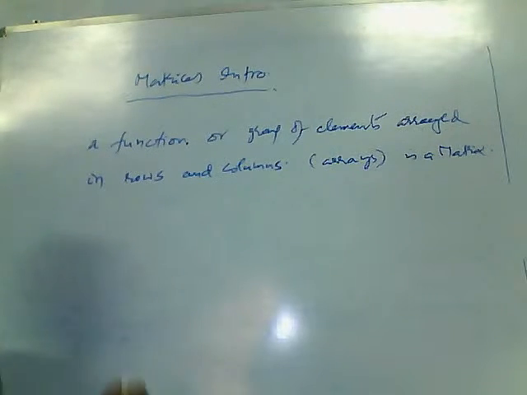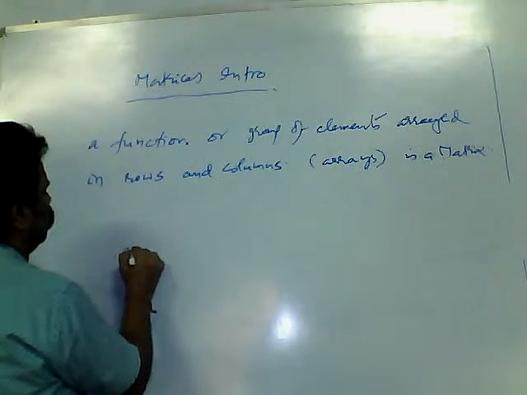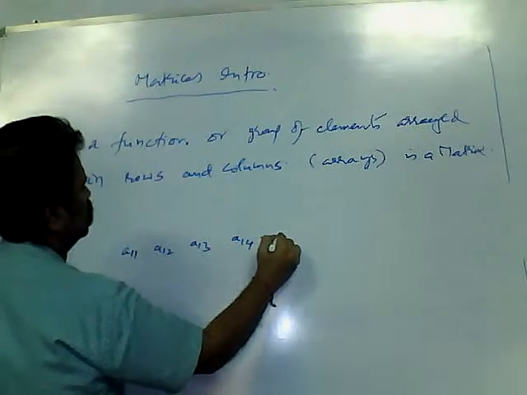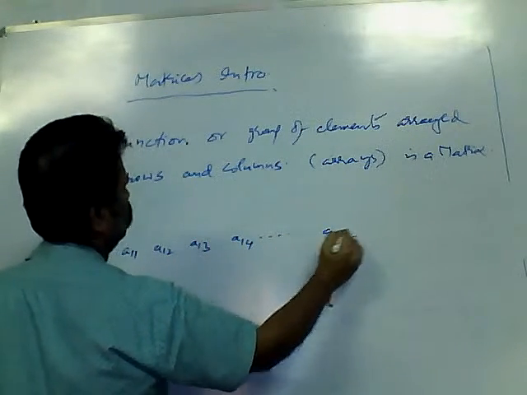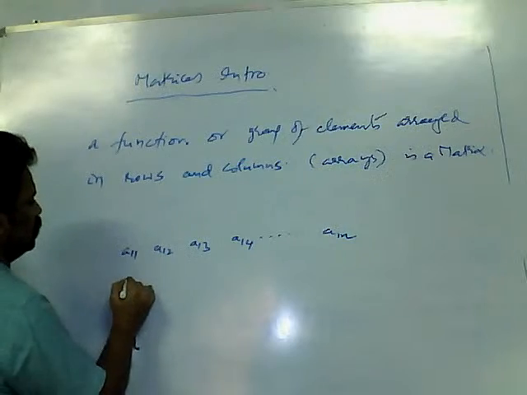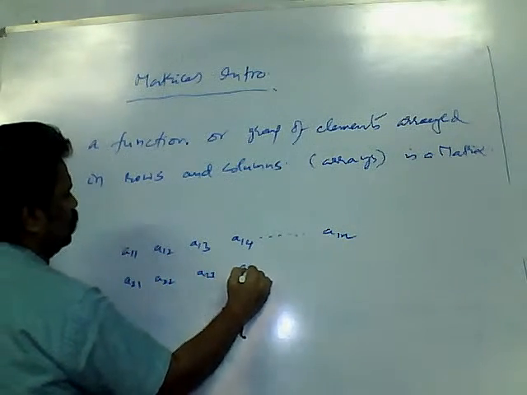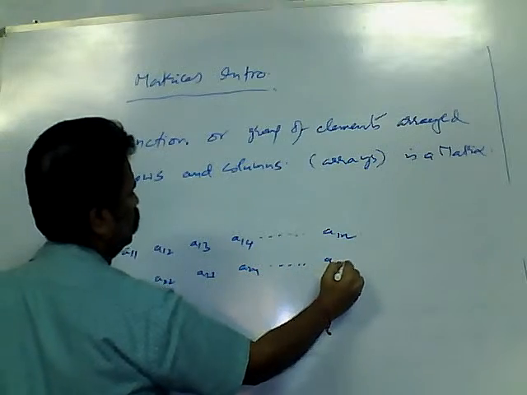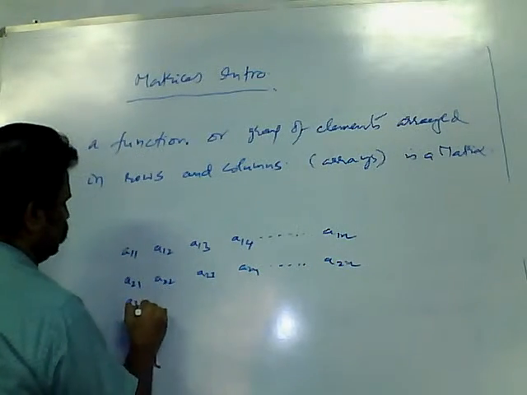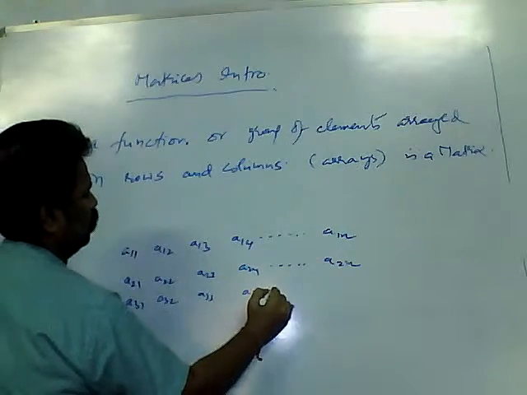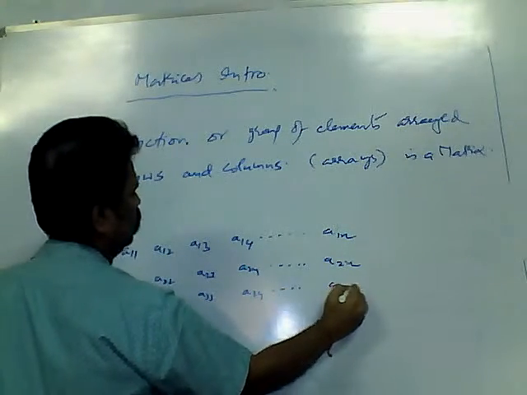What is a row? Something like A11, A12, A13, A14, etc., A1n, first to nth column. This is A21, A22, A23, A24, etc., A2n. A31, A32, A33, A34, etc., A3n.